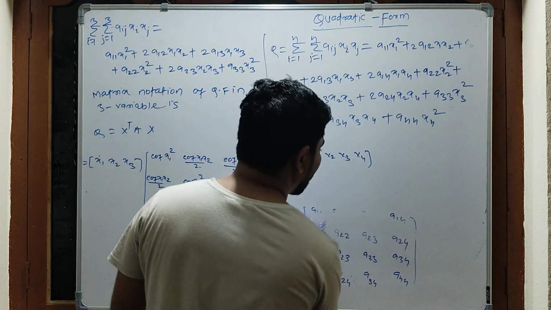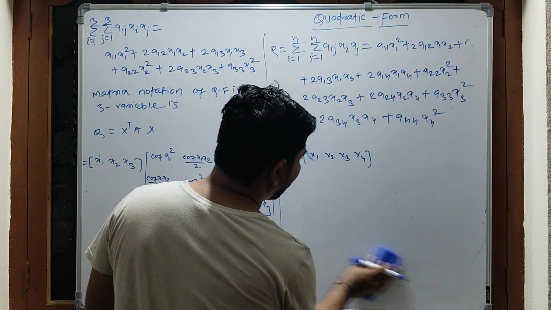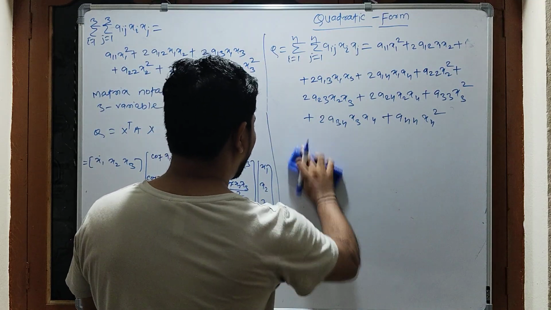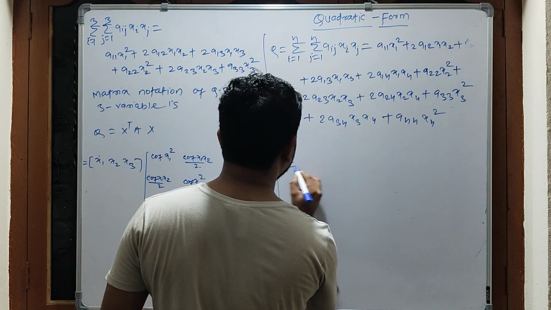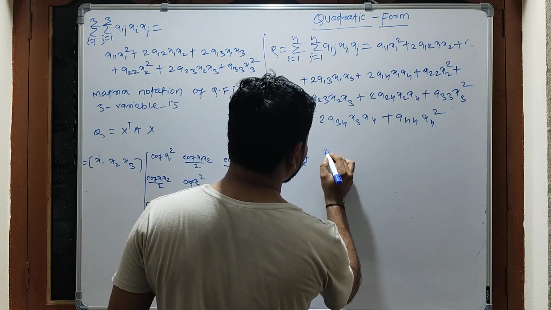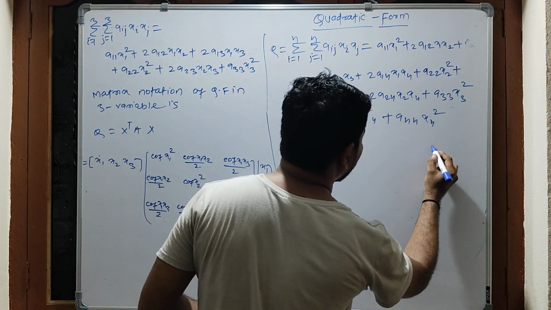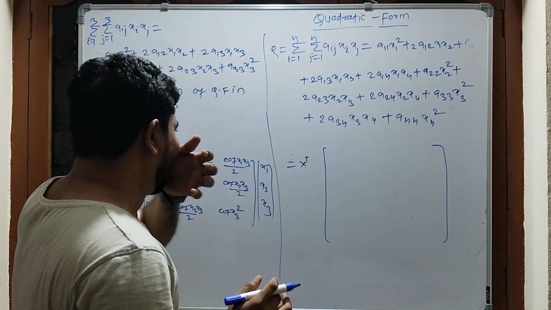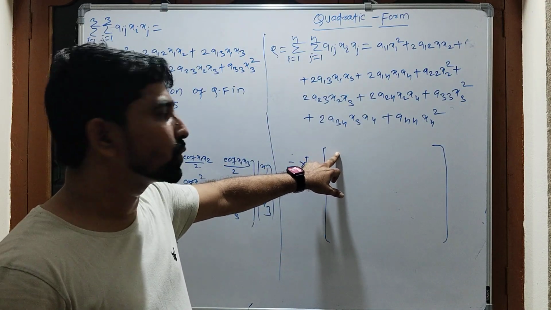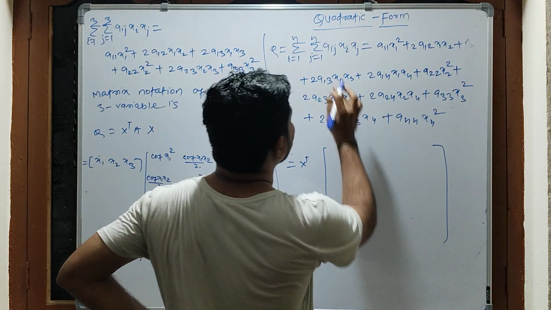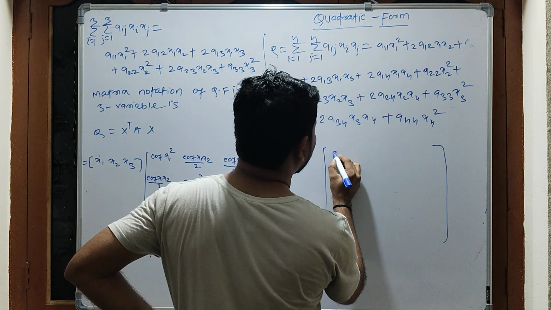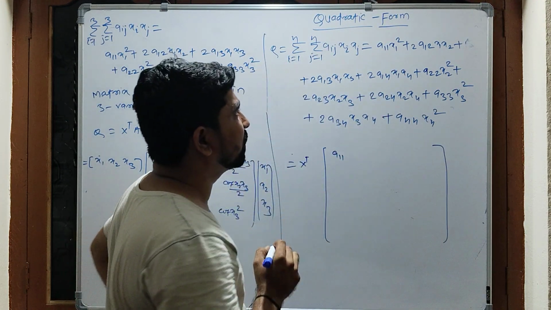So first I will write x transpose, I don't have space, which is equal to the coefficient of x1 square, here coefficient of x1 square is a11.